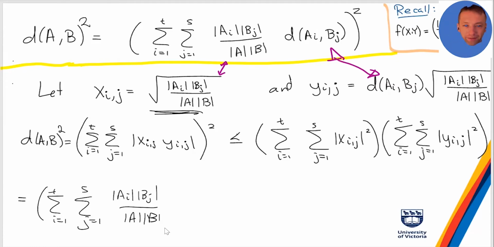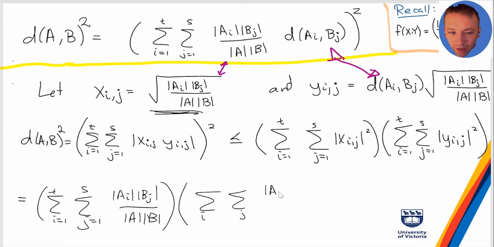If you work backwards from what you want, you'll see in the end why this works, and then maybe it becomes a little bit nicer. So now what I get here is the sum over i and j, same limits on the sum, ai bj over ab times the density squared, I think. Yeah, that looks right.